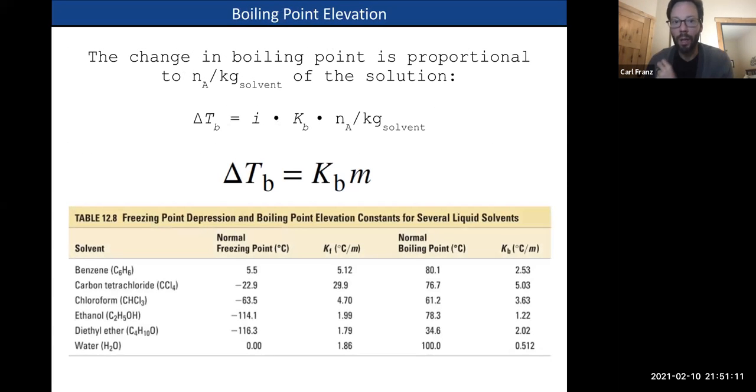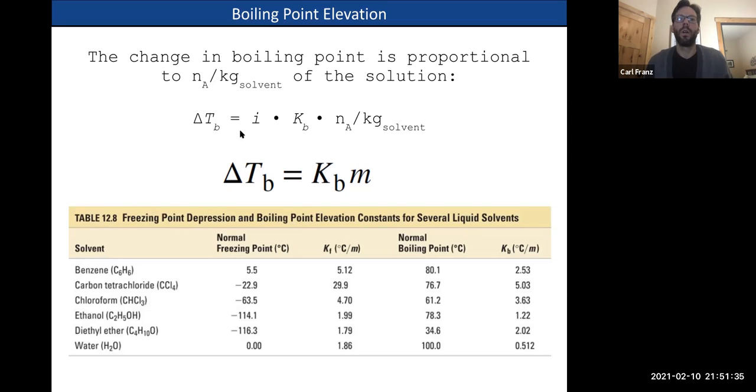And that brings us to boiling point elevation. Again, the change in the temperature of the boiling point is equal to van't Hoff's factor times the Kb constant times the molality, or the moles per kilogram of solvent.